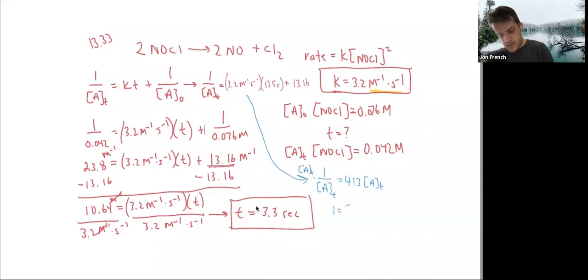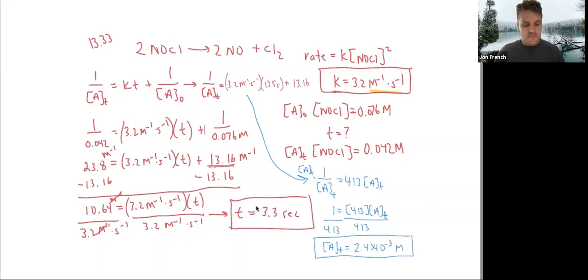I get 1 equals 413 times concentration. Basically taking the inverse, right? Divide by 413. And I'm going to get my concentration at time t equals 2.4 times 10 to the minus 3 molar.